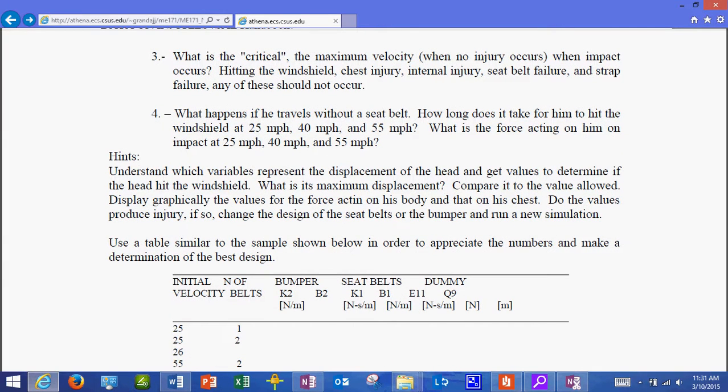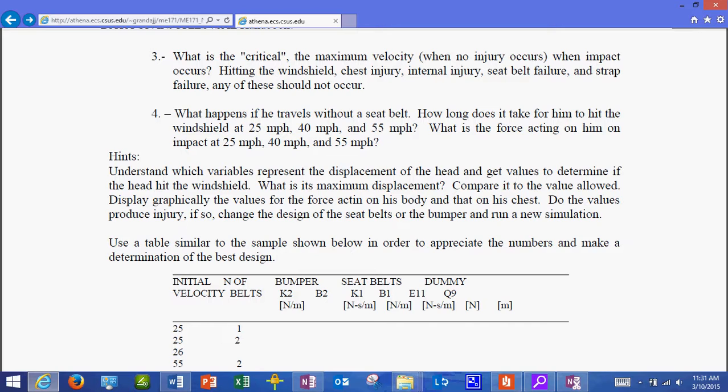So in this case, what's the critical maximum velocity when no injury occurs when impact occurs? So hitting the windshield, chest injury, internal injury, seat belt failures should not occur. Any of those things. So how are you going to know when this happens? When you run the program and you plot the force on the chest, that graph is going to give you the level that the force will reach.